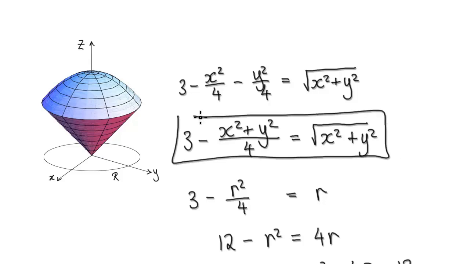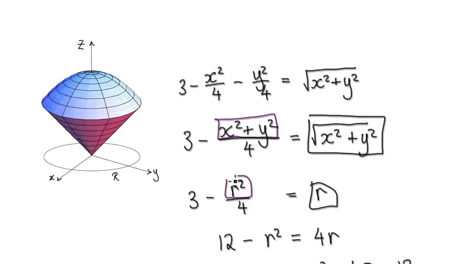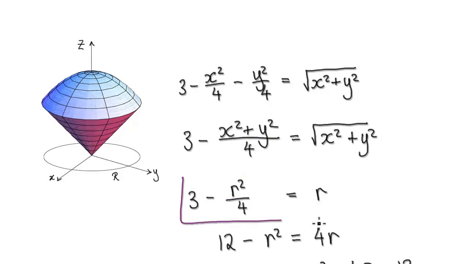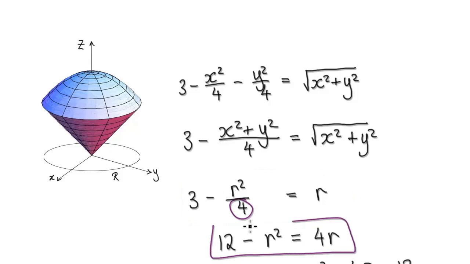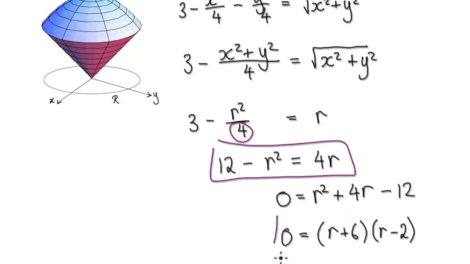We're going to use polar coordinates, so merge these two together, which gives us this. Using polar coordinates, this thing here equals r, and this thing here equals r squared. That takes us to here. Multiply everything by 4, which gives us this, and then factorize it.